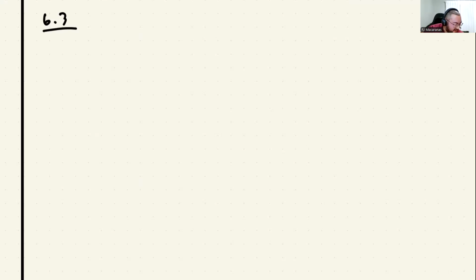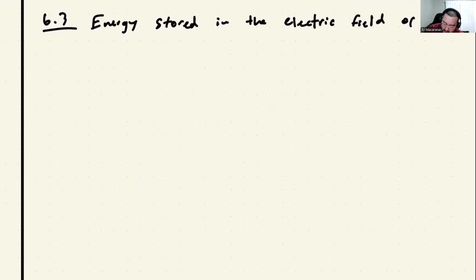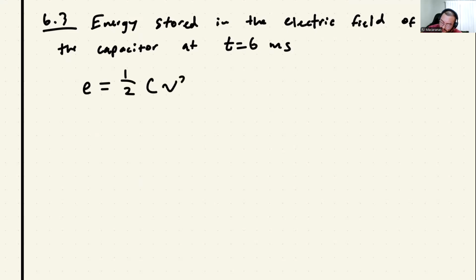And for this last example, we're just looking at the energy stored in the electric field of the capacitor in the previous example at t equals 6 milliseconds. In order to do that, we had shown previously that the energy is 1/2 CV squared.